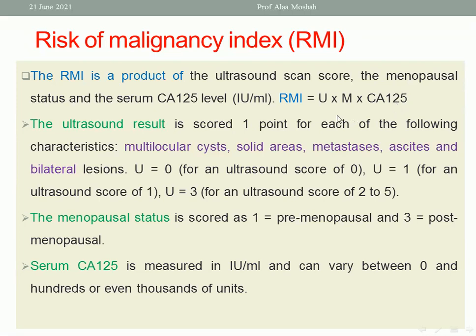You give a score for the ultrasound results for the signs of malignancy, like multilocular cyst, solid areas, metastasis, ascites, and being bilateral. We give 1 point for each of them as regards the ultrasound result, while the menopausal state is scored 1 for premenopause and 3 for postmenopause. Serum CA125 is measured in International Units per milliliter.